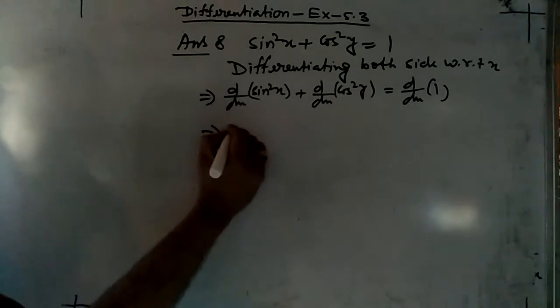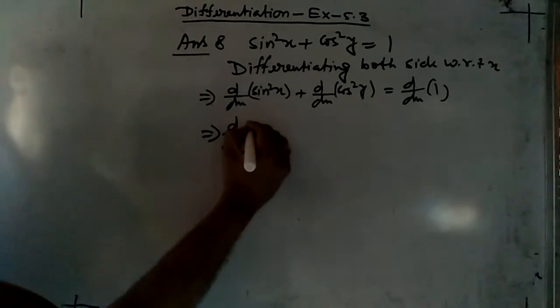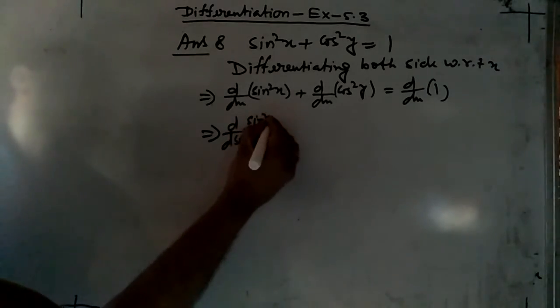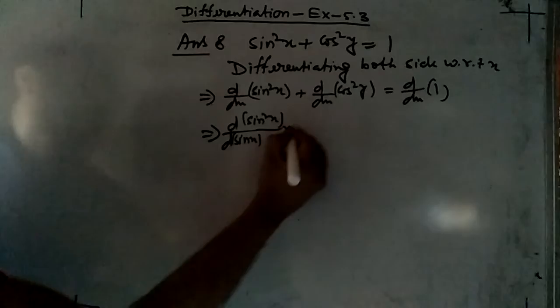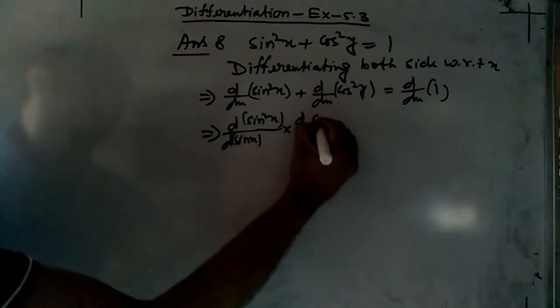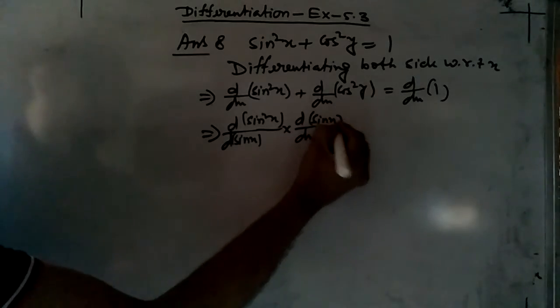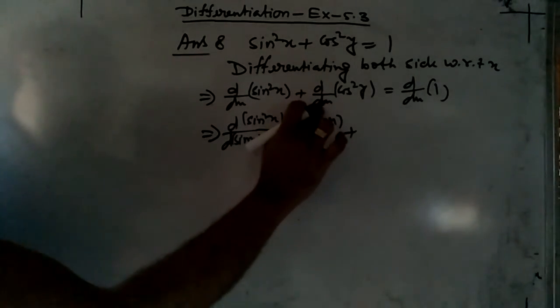So if you use chain rule, then d by d sine x of sine square x, into d by dx of sine x, plus cos square y with respect to x.